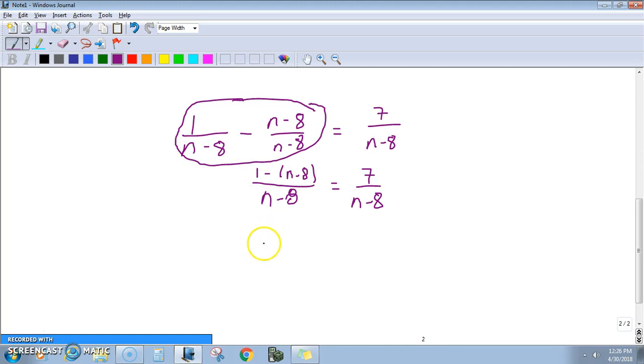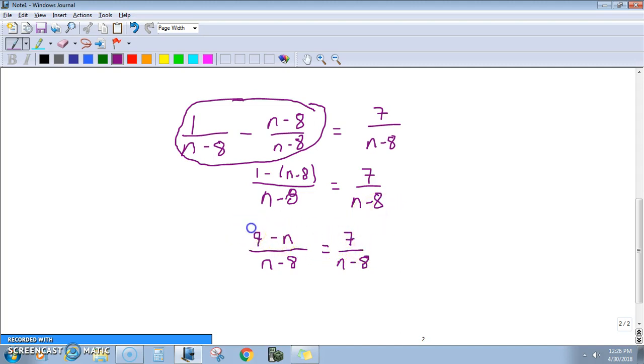Remember, we decided it was negative n plus 9, or let's just call it 9 minus n over n minus 8 is equal to 7 over n minus 8. And then he cross multiplied, right?